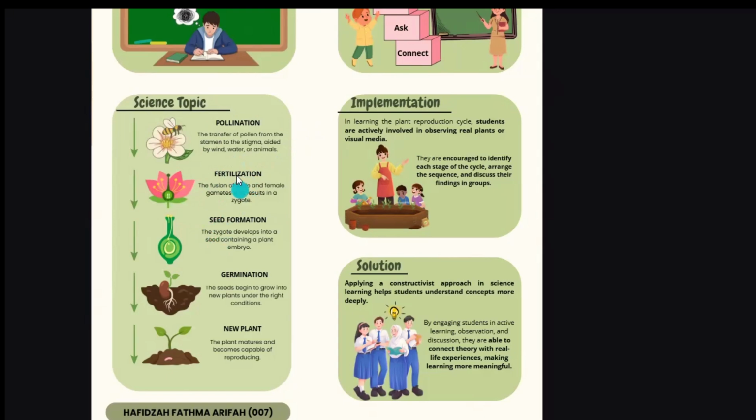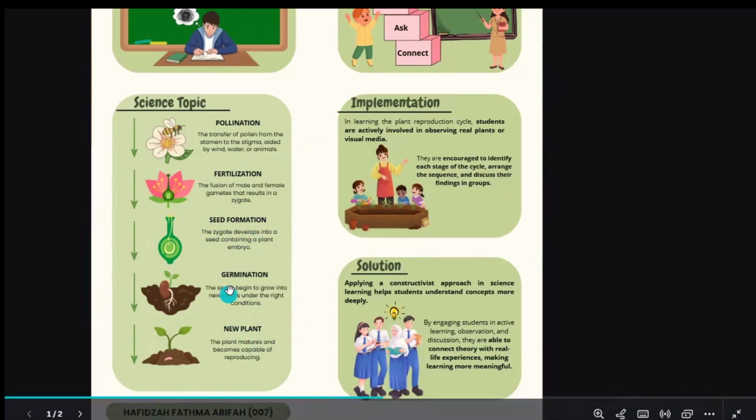This is followed by fertilization, where male and female gametes combine to form a zygote. The zygote then develops into a seed containing a plant embryo. Under suitable conditions, the seed germinates and grows into a new plant. These continuous cycles allow plants to reproduce and survive.